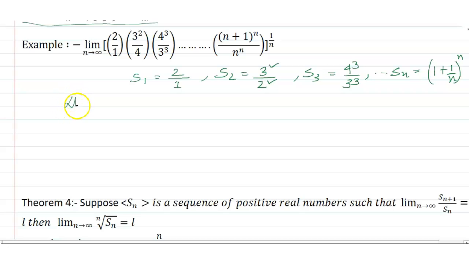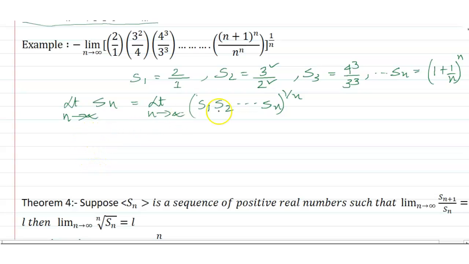Very simple. Limit n tends to infinity Sn is equal to, whatever we know, limit n tends to infinity (S1 S2 up to Sn) whole to the power 1 by n.